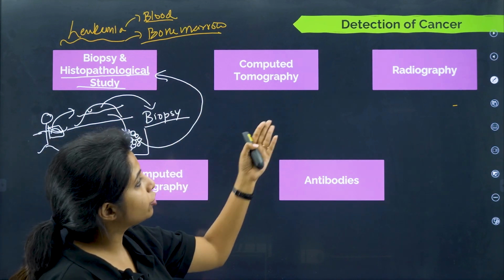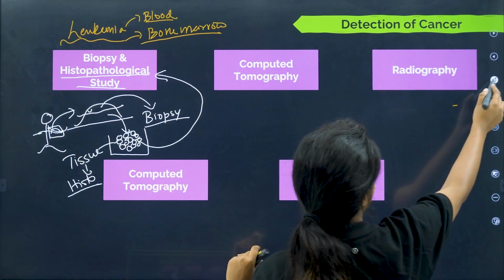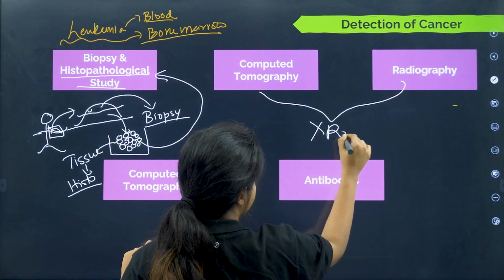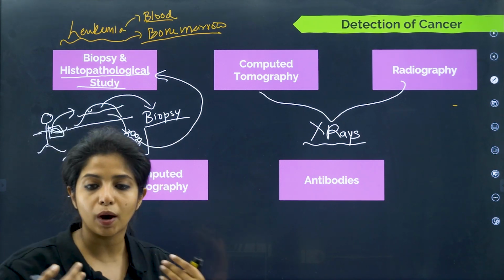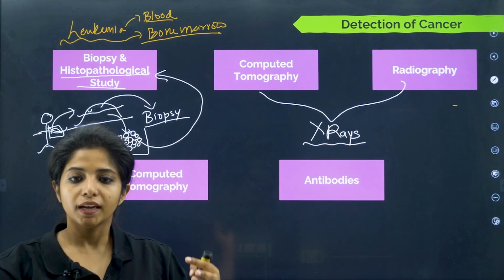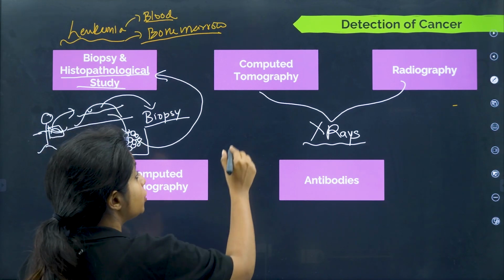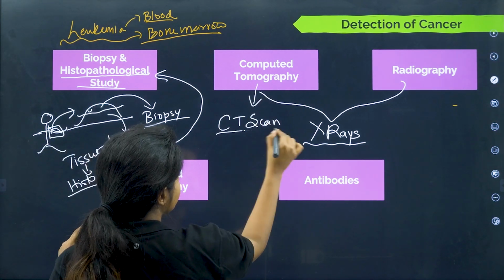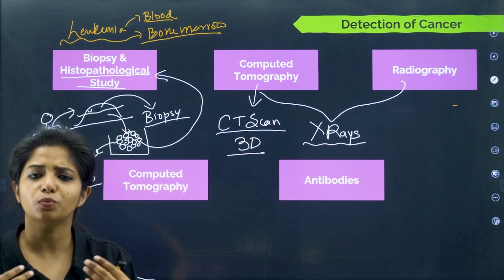Now talking about computed tomography and radiography. In radiography and computed tomography, X-rays are being used to see through our body, to check whether there are some deformities. Now computed tomography, or CT scan, gives you a 3D image, which means more clarity.